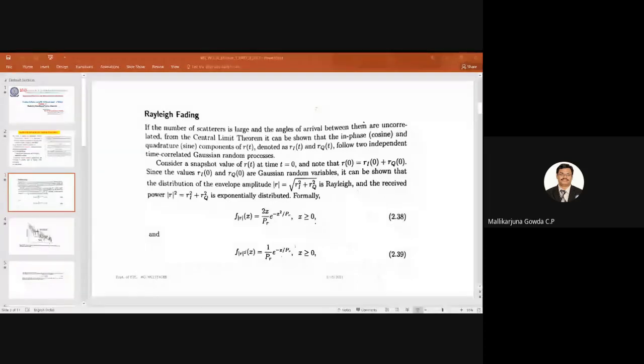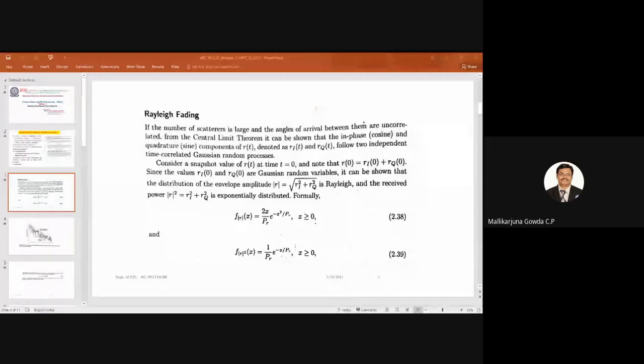And the received power will be |r|², right? So I said power will be distributed exponentially. That is why the exponential distribution is written like this: (1/Pr) e^(-x/Pr). If you are able to understand these two equations, you can say how amplitude is distributed as Rayleigh and how power is distributed exponentially.